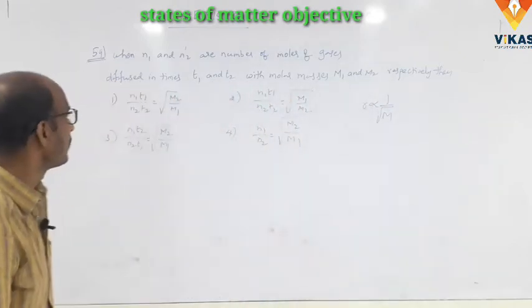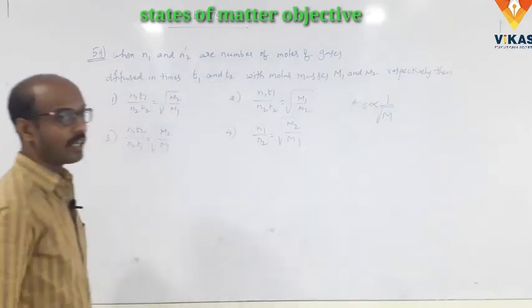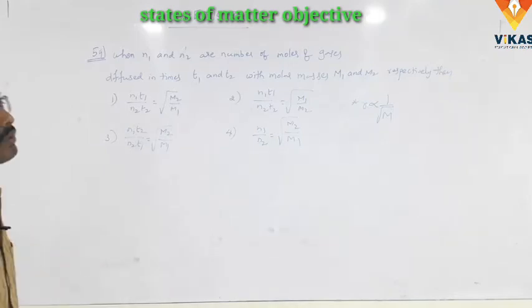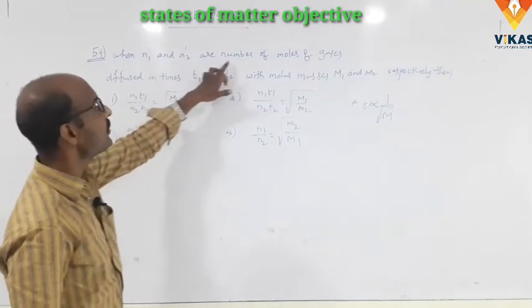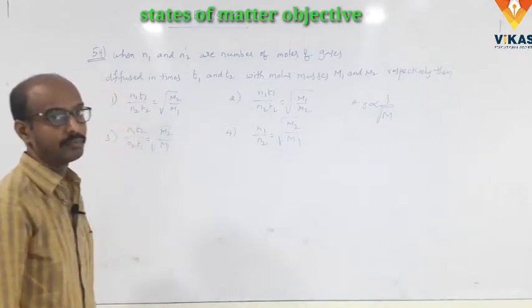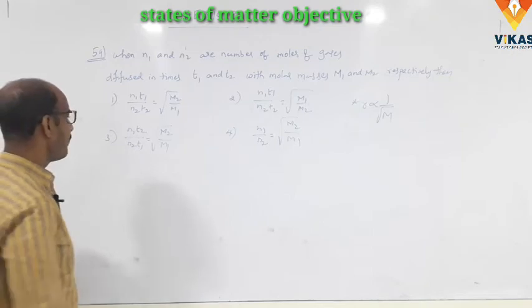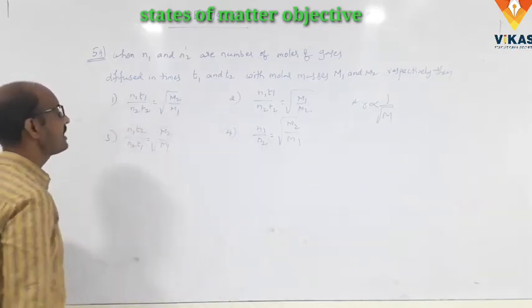Based on that point, here N1 and N2 are the number of moles of gases diffused in times T1 and T2. Among these 4, which one is the correct answer?